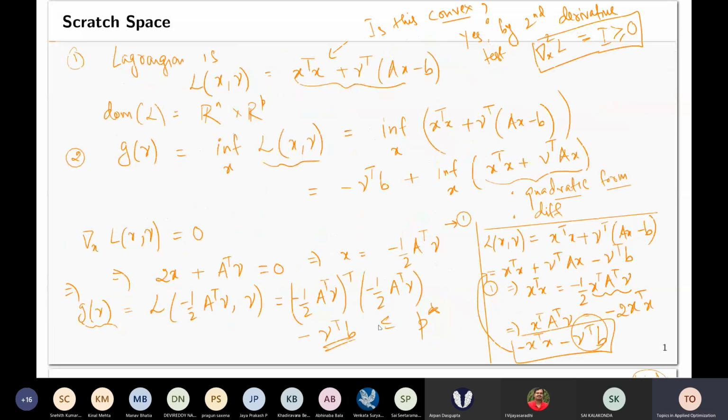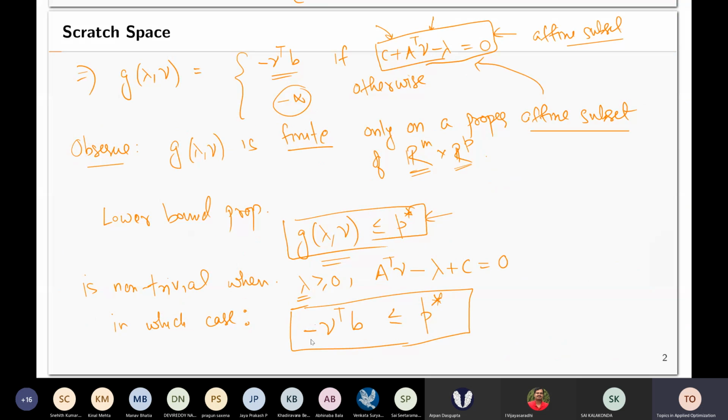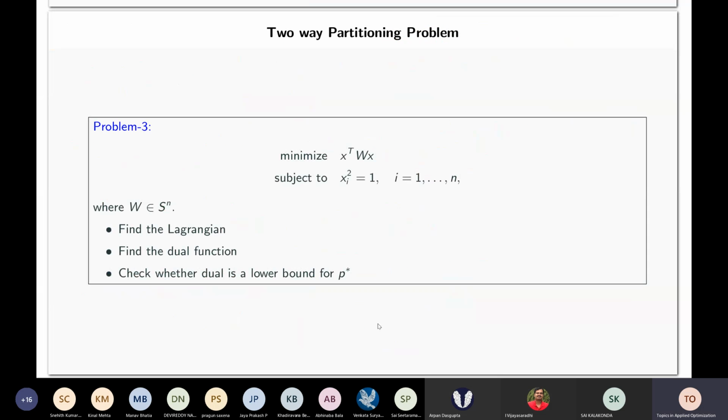No, not lambda, this whole thing is less than or equal to p star. In this case, the lower bound property is just this, minus nu transpose b. I hope I understood your question correctly.